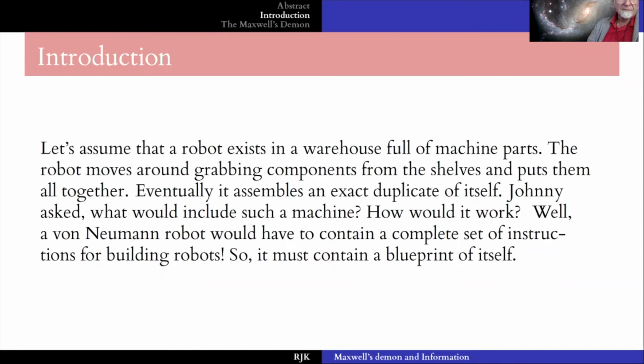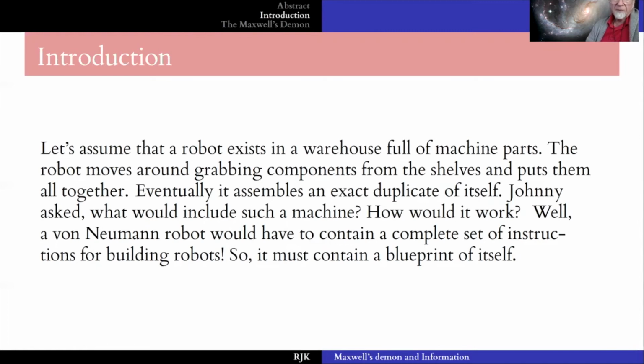All of von Neumann's colleagues called him Johnny. Johnny asked, what would such a machine include? How would it work? Well, if you wanted the robot to always be able to assemble an exact duplicate of itself, there would have to be a blueprint of itself.